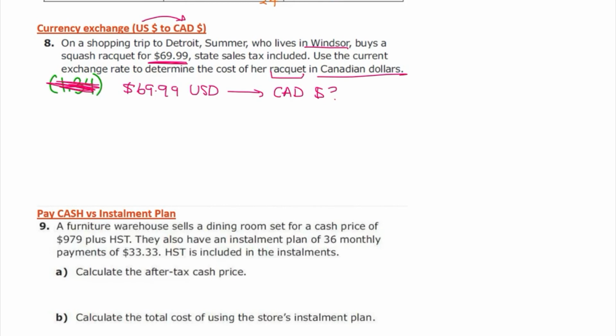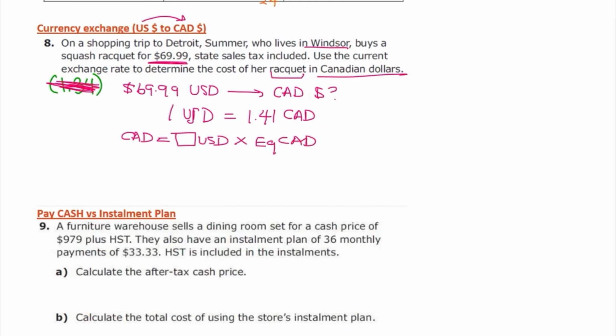And if you look as of this particular date, April 24 of 2020, one US dollar is equal to 1.41 Canadian dollars, which means that to find the Canadian dollar price of any specific item, we have to multiply the price of the item in US dollars by the equivalent of the Canadian dollar.